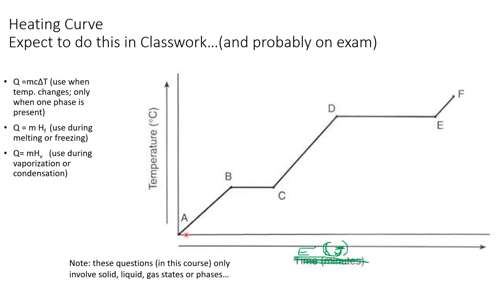So, for instance, if this were water, an H2O system at 1 atmosphere, we'd have ice, and ice can be colder than 0 C, so maybe we have ice at -5 C here. We start adding some thermal energy, and the temperature starts going up: -4 C, -3, -2, -1 C, and then it gets to 0 C. At 1 atmosphere, 0 C is the melting temperature for H2O.